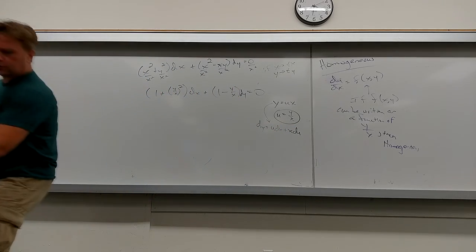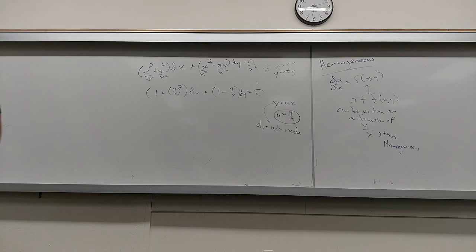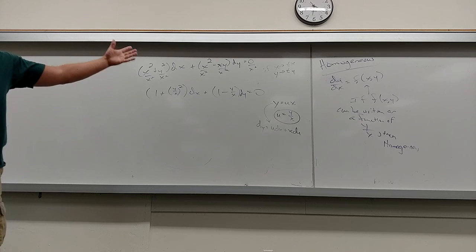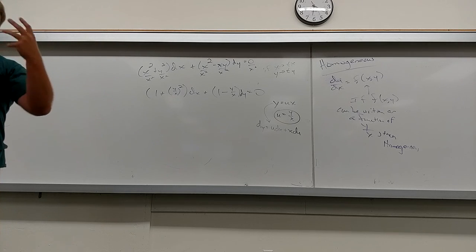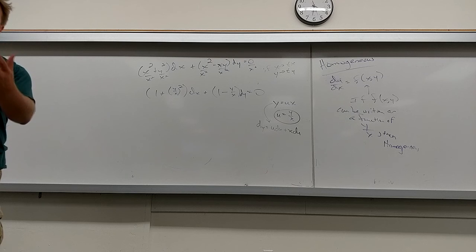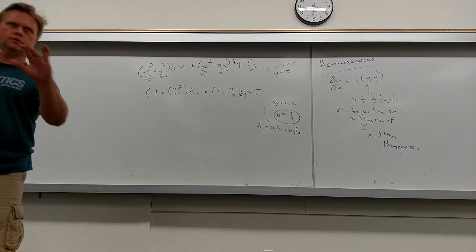And I think the book, what form did they put this in? Oh, actually, yeah, they have it right there. Yeah, of course they do, because they have the y equals ux, so it's easy for them to make the next step. But if you skip the u equals y over x idea, the whole thing kind of falls apart a little bit about why I would even do this substitution. Hopefully that makes some sense.